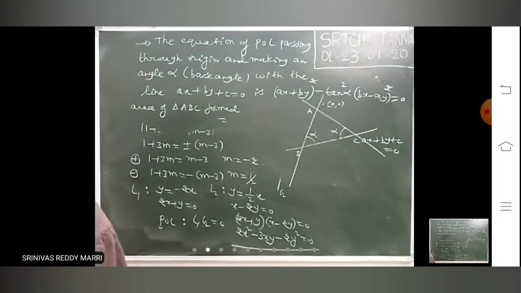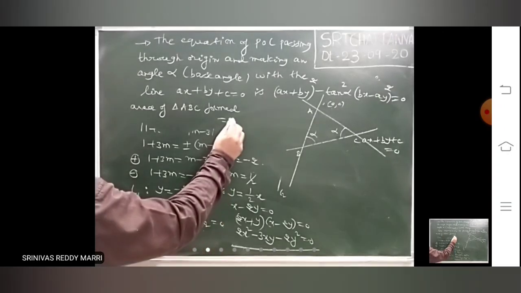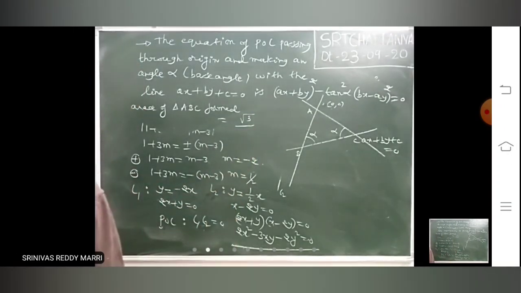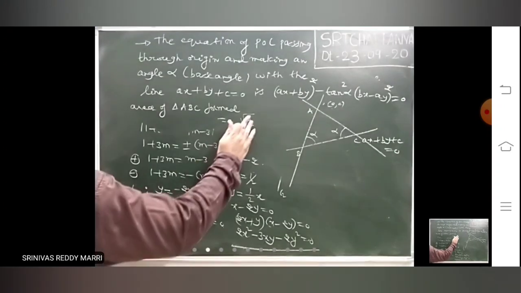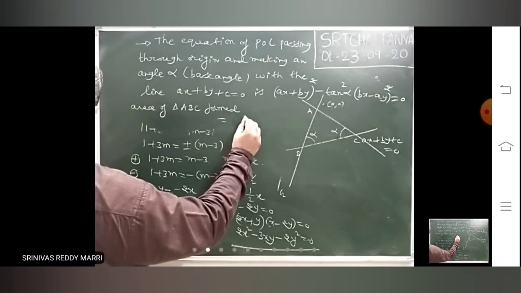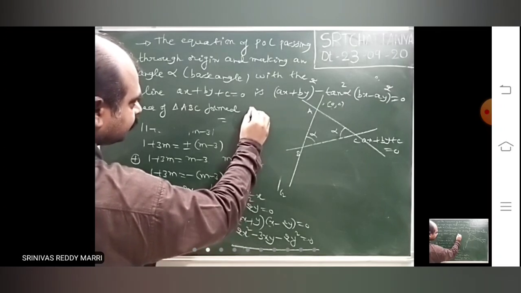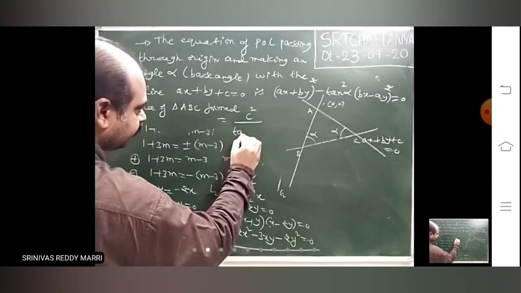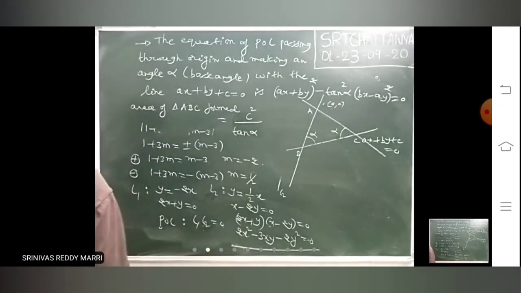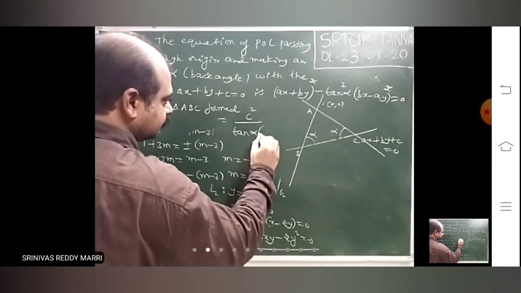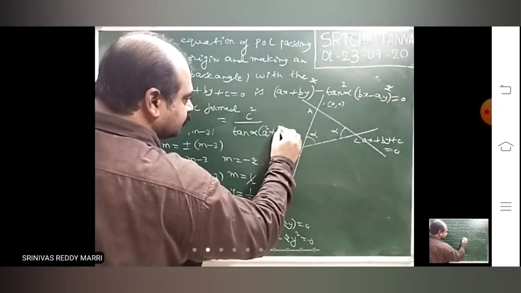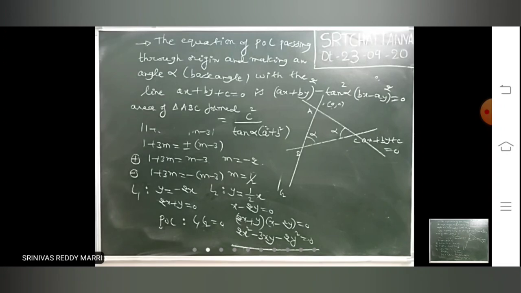The area formula is C square divided by tan alpha into (A square plus B square).